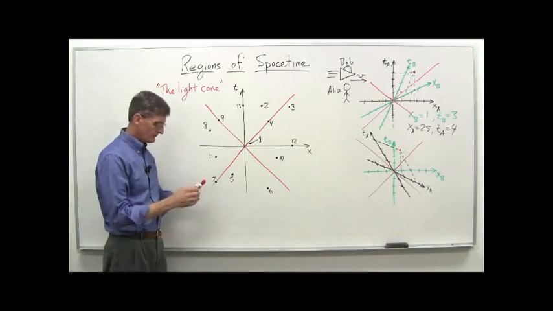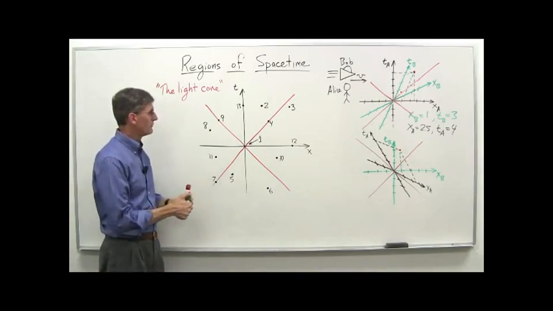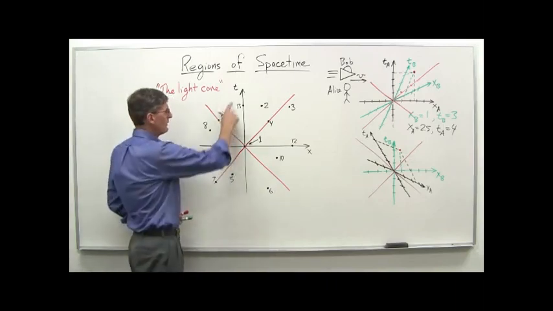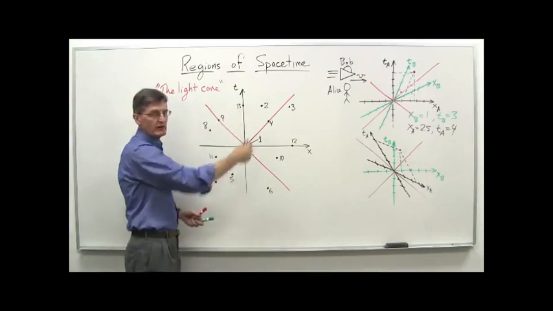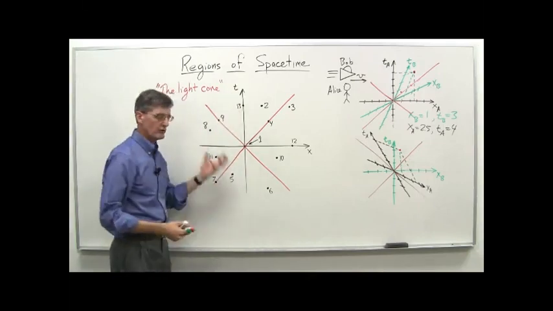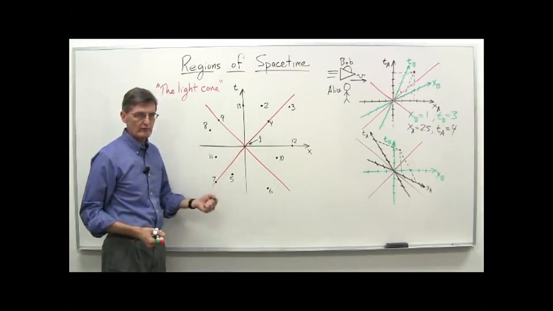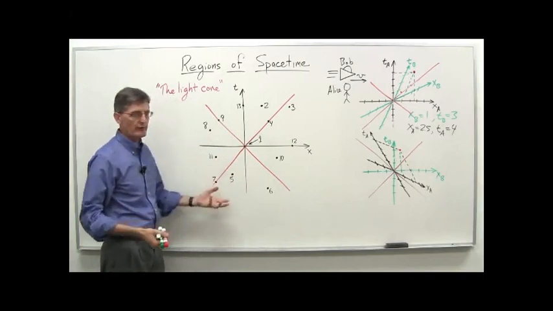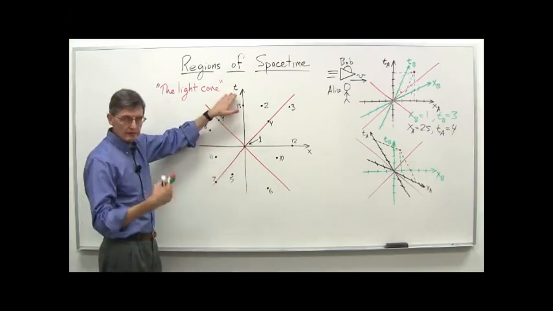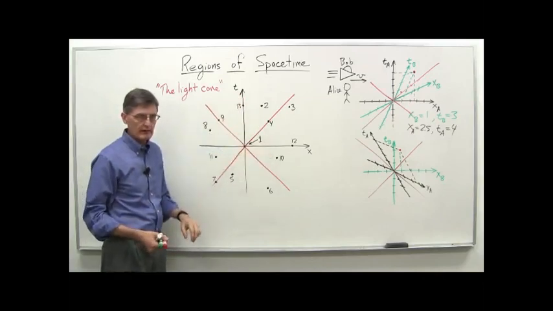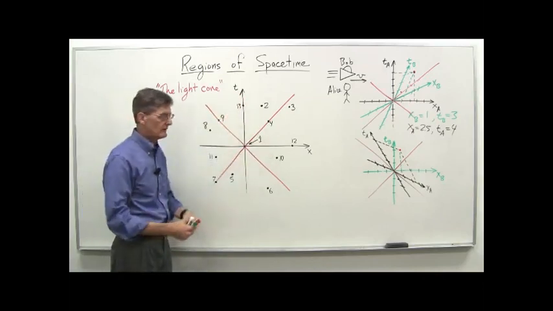Sometimes you'll see this diagram in certain books, and we mentioned this before, with ct here, c times t, and that also essentially puts things in units of 1. But we'll assume t is in years, and then x has to be in light years, or light seconds, etc.